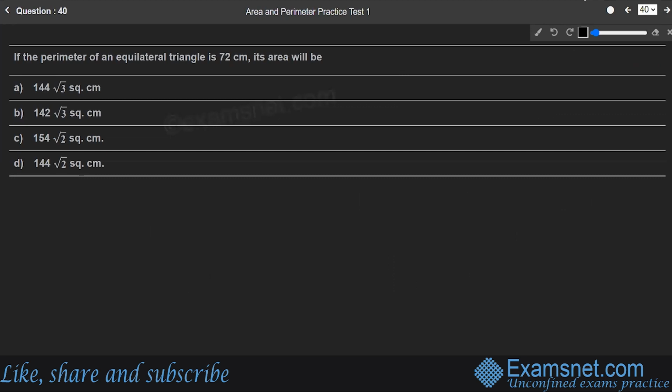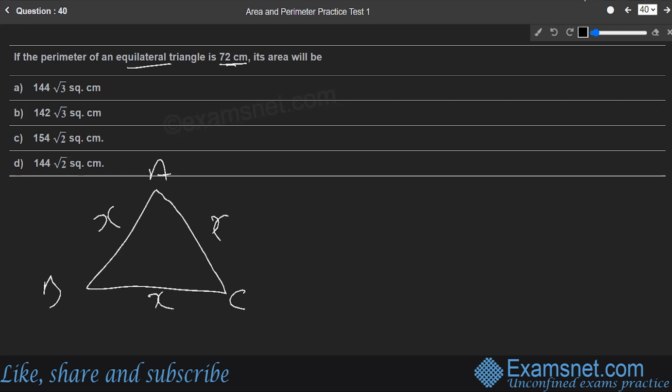Now he says, if the perimeter of an equilateral triangle is 72 centimeter, its area will be. So there's an equilateral triangle. An equilateral triangle is a triangle where all the sides are completely equal to each other. He says the perimeter is 72 centimeter. So let's say the sides are x, x, and x. We can clearly say x plus x plus x is equal to 72 centimeter.